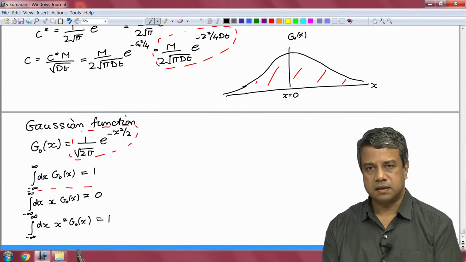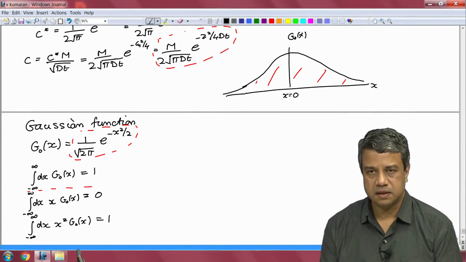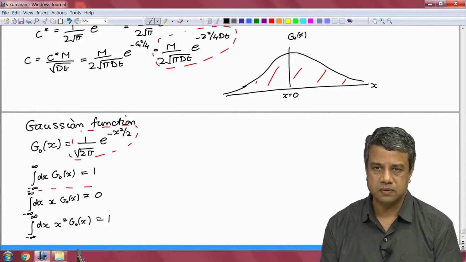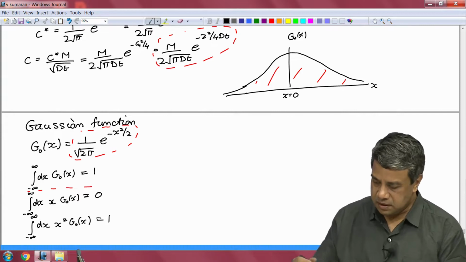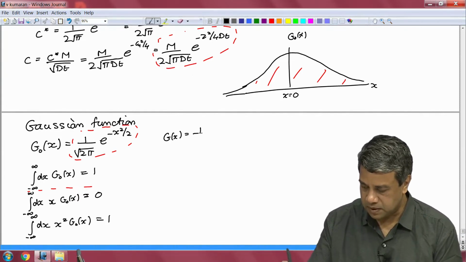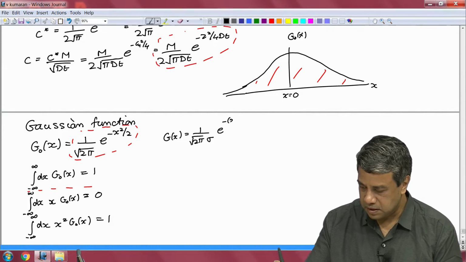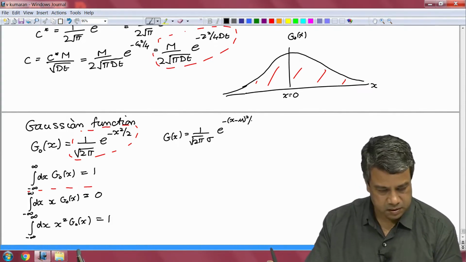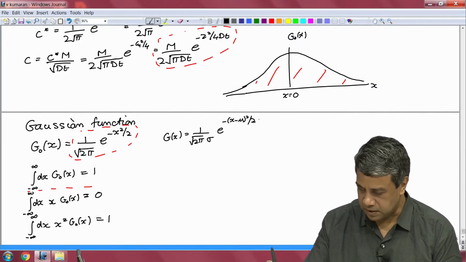Usually the general Gaussian distribution is not expressed with unit variance, but rather it is often written as g of x is equal to 1 by root 2 pi into sigma into e power minus (x minus mu) the whole square by 2 sigma square.